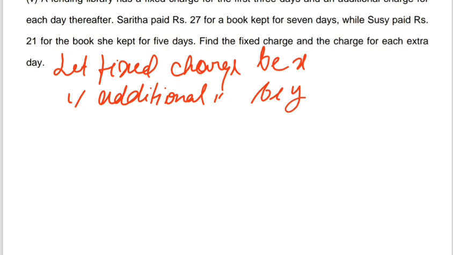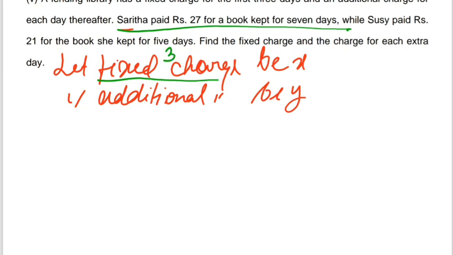So for the first equation, Sarita paid 27 for the 7 days. They said that the fixed charge is for 3 days, and the extra days are additional charges.